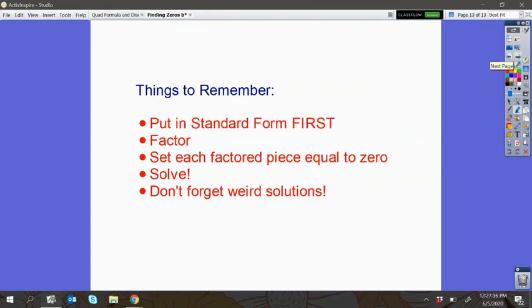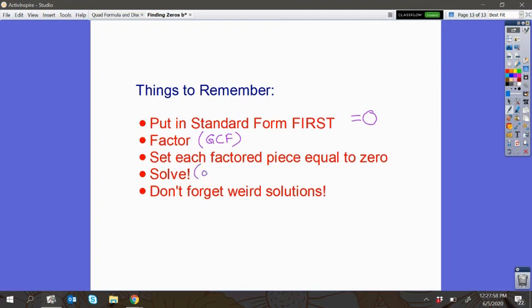As a brief recap, just remember, put it in standard form first. That means it needs to say equals 0. That should be your first step. Next, you're going to factor. Don't forget that sometimes you need to just find a GCF. Next, you're going to set each piece equal to 0 and then solve.